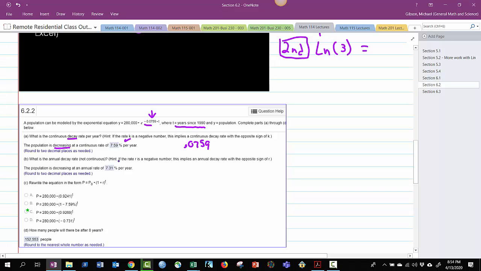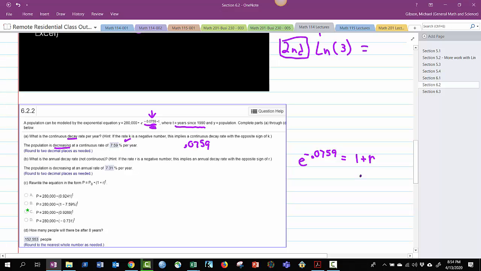Right, well, this is that thing I was just talking about in that last slide. So we have e to the minus 0.0759. I'm just taking that right out of the equation here. And I've got to make that be, the format for annual is 1 plus the rate.